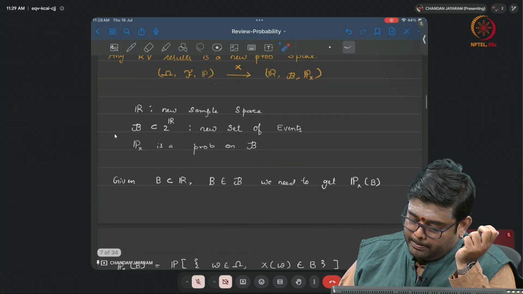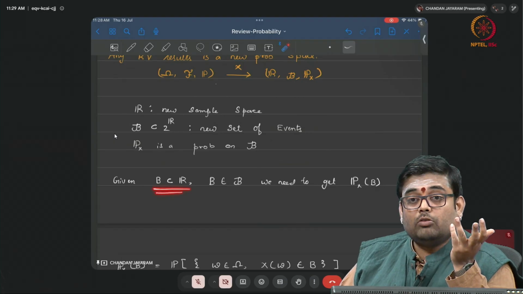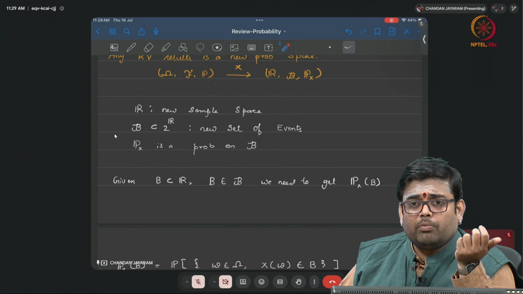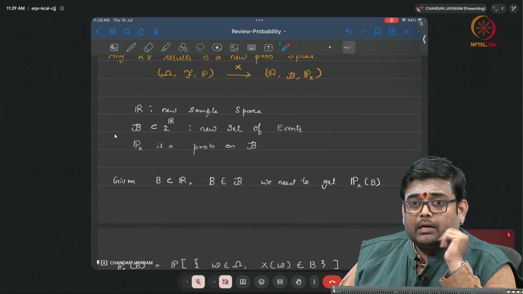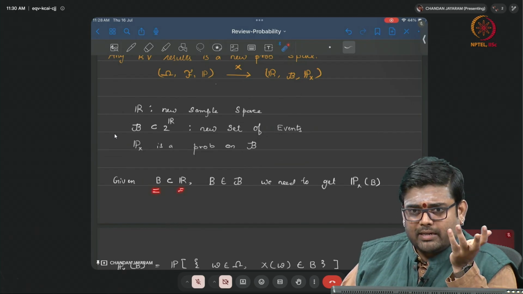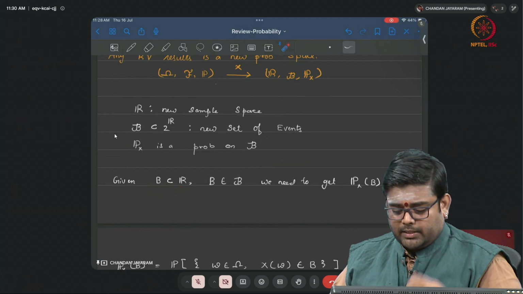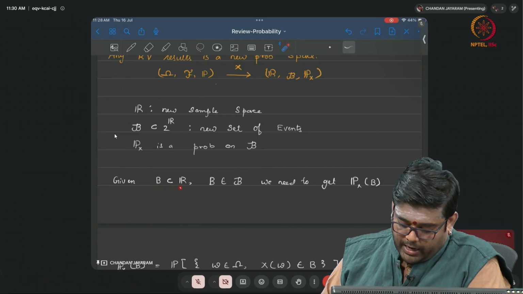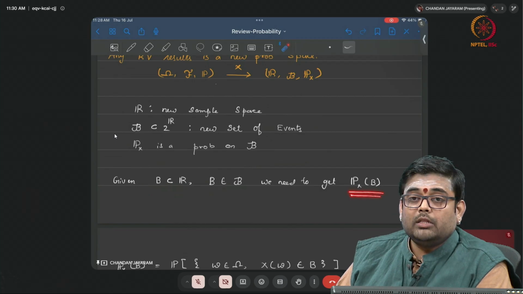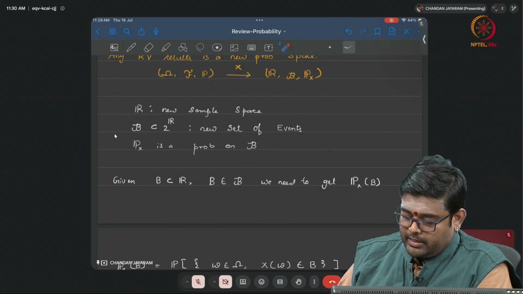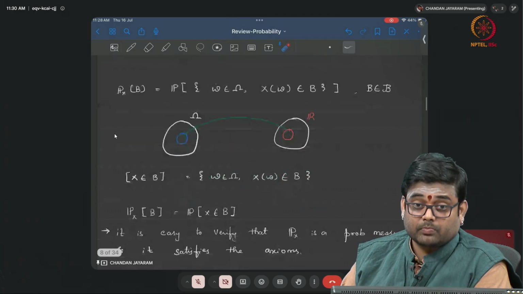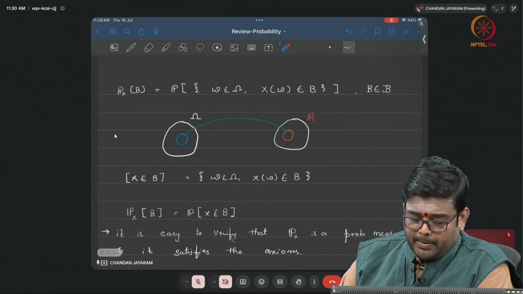Okay. So now you take any event. How do you assign the probability measure for these elements of this scripted B? Let us say there is a B that is a subset of R, and it belongs to the event space B, and now we need to get the probability of that event B. The idea is quite simple.